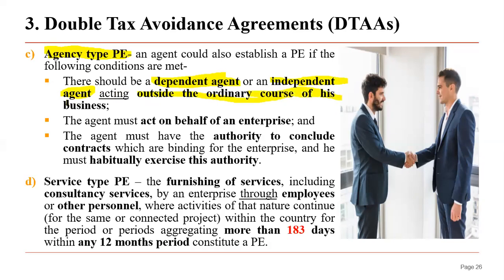Let's say a Sri Lankan company is buying and selling some apparels. Then they engage with a company in another country and nominate this company as an agent, and they are asking them to do whatever they ask, even the normal ordinary course of business.